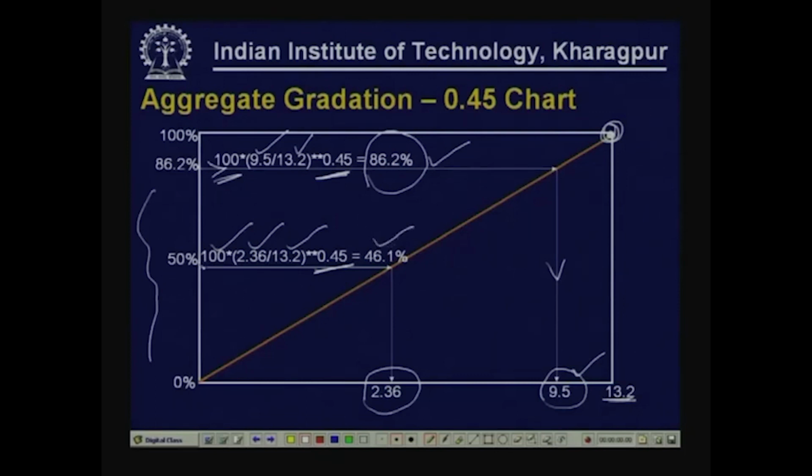So, we will start off from 46.1 on the y axis and then come down to the x axis, that should be 2.36. Similarly, we can identify other sieve sizes on the x axis. So, that gives us a chart on which we can plot any other gradation that we have and compare that with the densest gradation that is available.